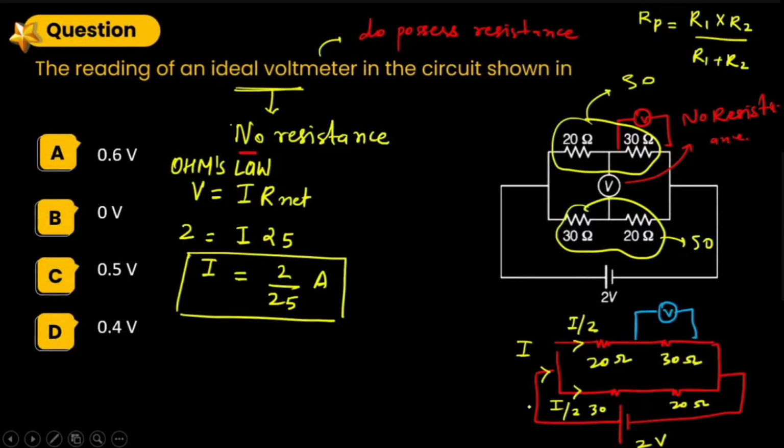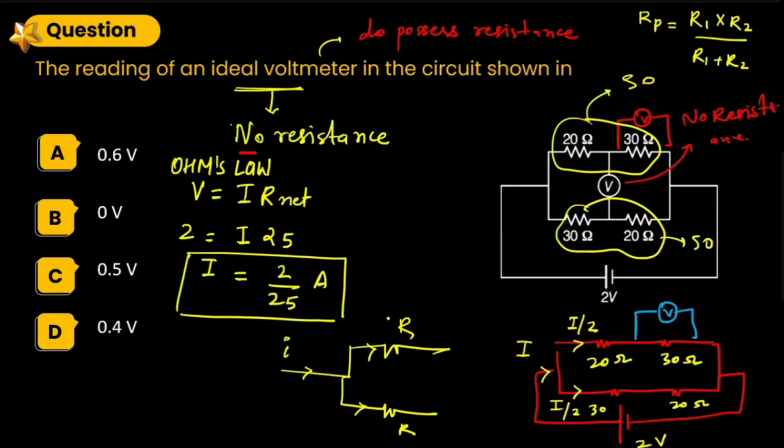That is something you need to understand. If the wire has same resistance, this is also R, this is also R, and there is a current I coming into it, across both the wires, current will equally divide itself and pass through the wires.